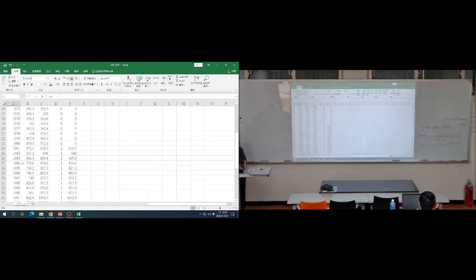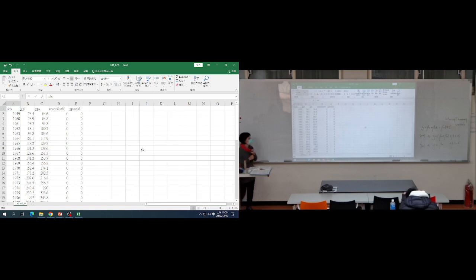As long as we understand that between 1980 and 1981, starting from 1981, there's a big recession in economic history. So we do have one example that shows one dummy variable, which is the recession.